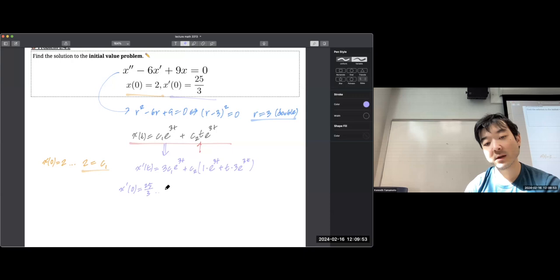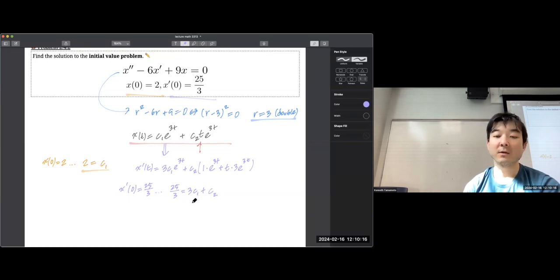So that just means that you're going to have 25 over 3 is equal to 3 times c1, which is coming from the fact that the e raised to the 0, because all the t's are going to have zeros in it, plus this t times 3e to the 3t will go away, so you just have this term, so it's just going to be c2. And then e raised to the 0 is 1. And we know that c1 is 2 from what we just computed here.